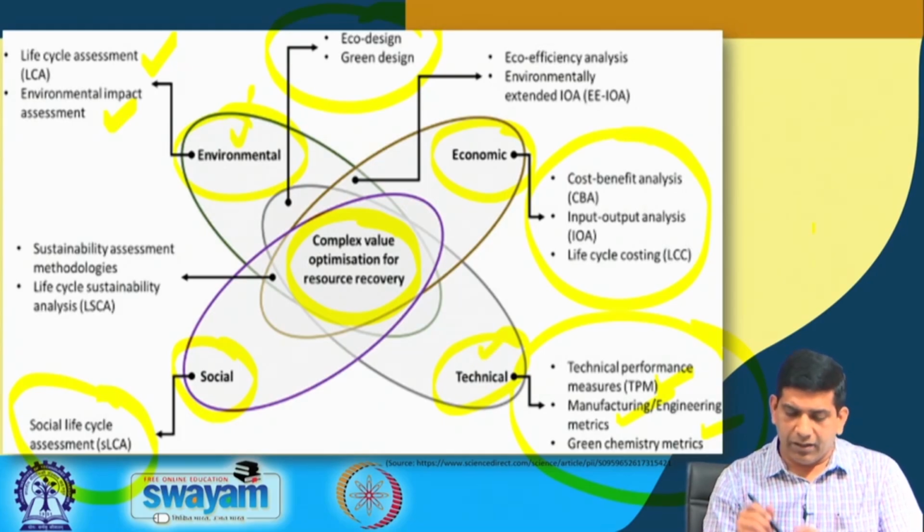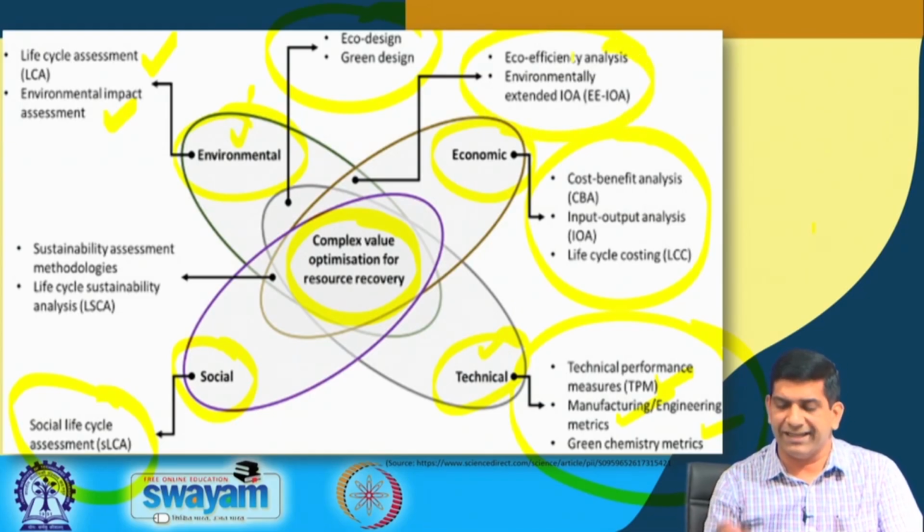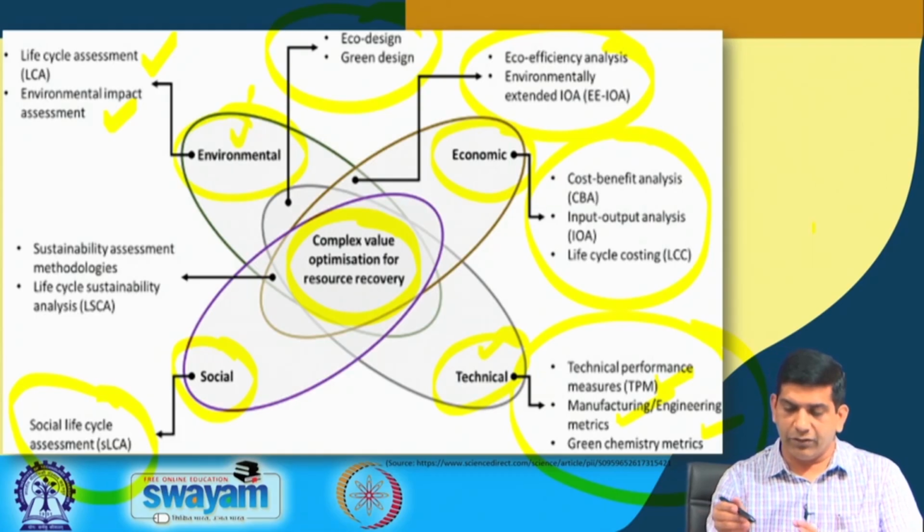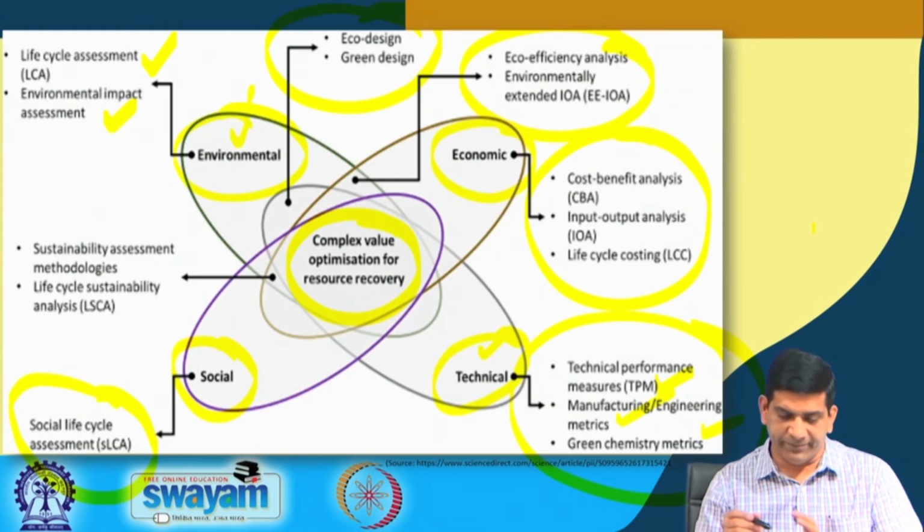When we look at environmental as well as economic, we are looking at eco efficiency analysis and environmentally extended IOA, which is input output analysis. So that's environmental and economics.